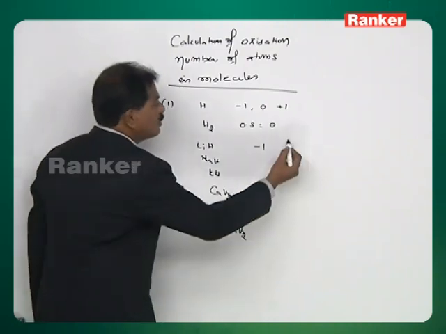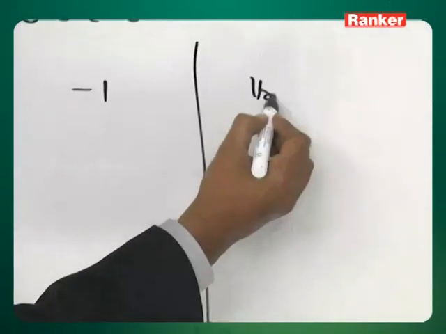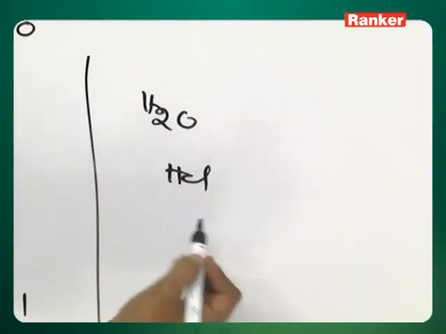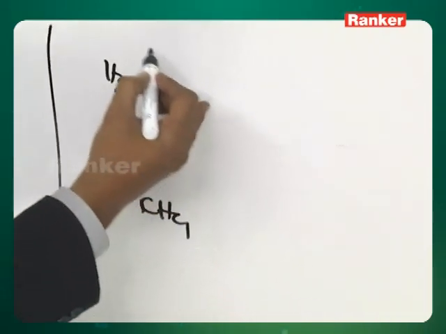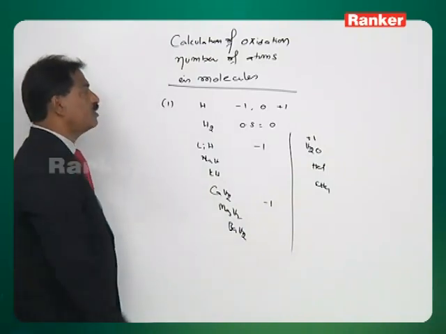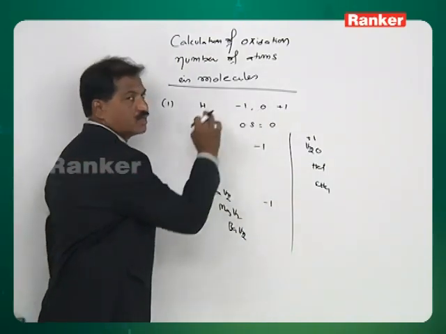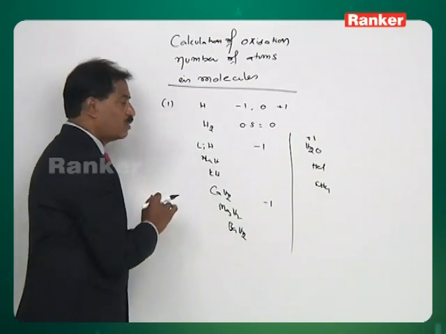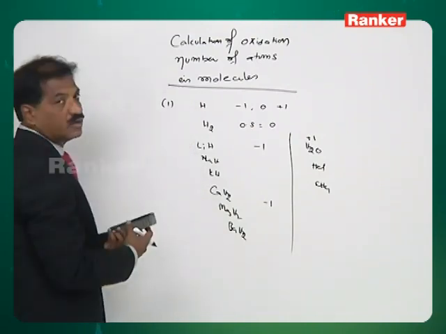Next, in all the other covalent molecules like H2O, HCl, CH4, the oxidation state of hydrogen is +1. So for hydrogen, we give 3 values: -1, 0, +1. This is the first rule about oxidation state calculations.